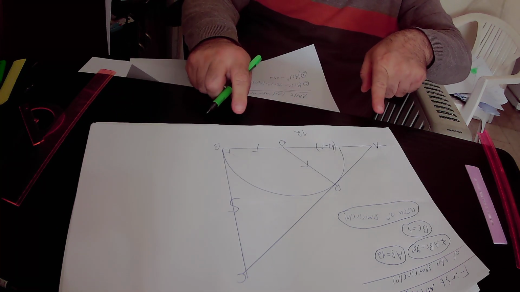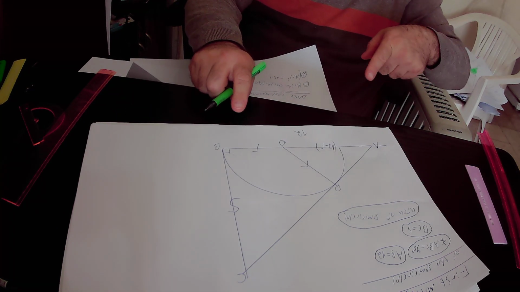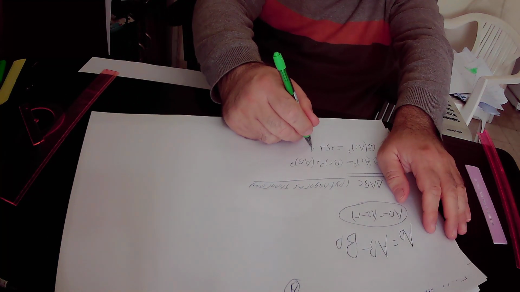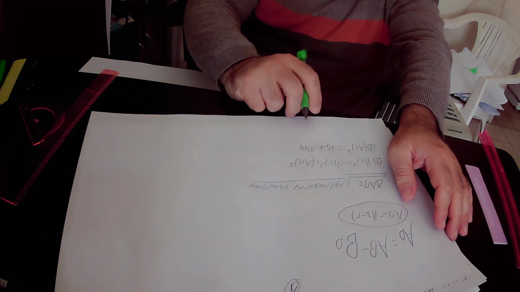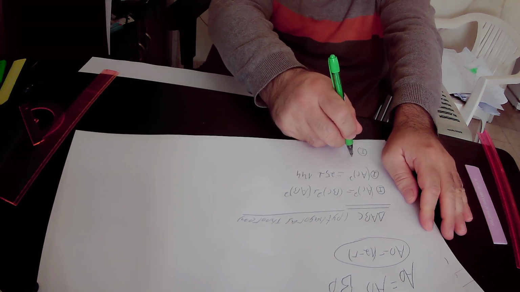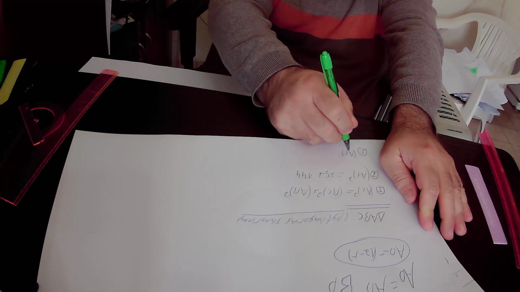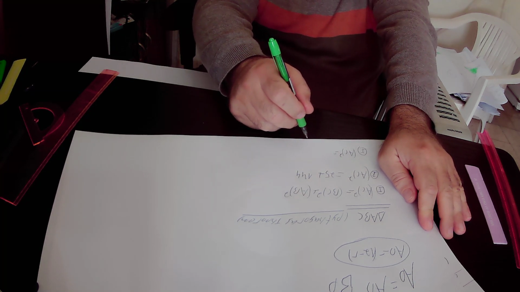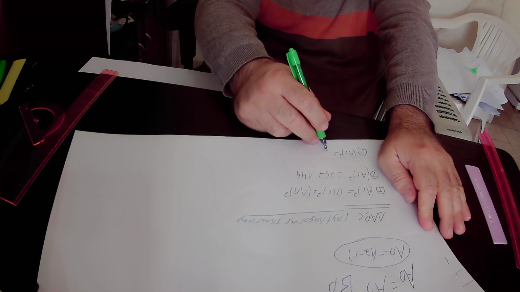AB equals 12 units, so AB squared is 12 squared, which is 144. So we got that AC squared equals 25 plus 144, which is 169.